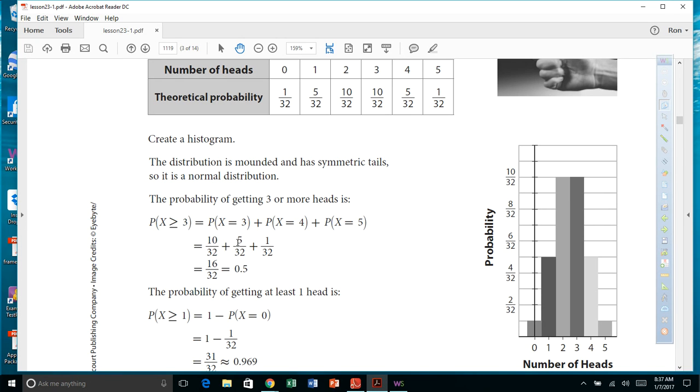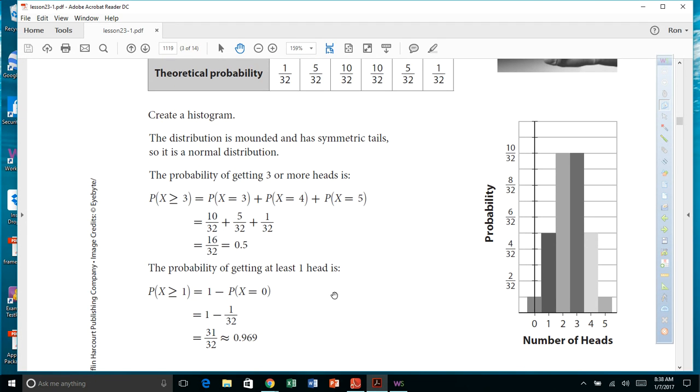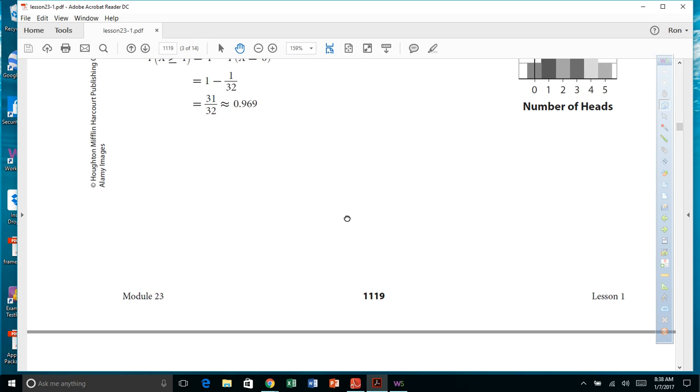So it's 10/32 plus 5/32 plus 1/32, which is 16/32 or 1/2. The probability of getting at least 1 heads is 1 minus the probability of getting no heads, or 1 minus 1 over 32, or 0.969.